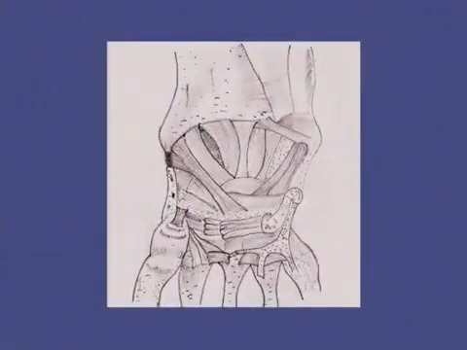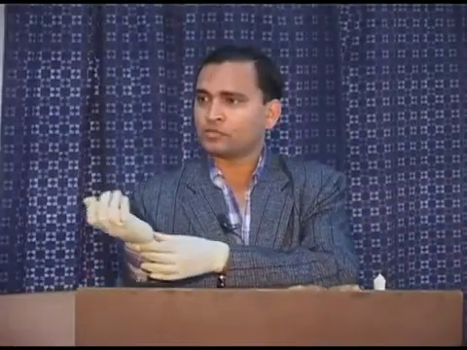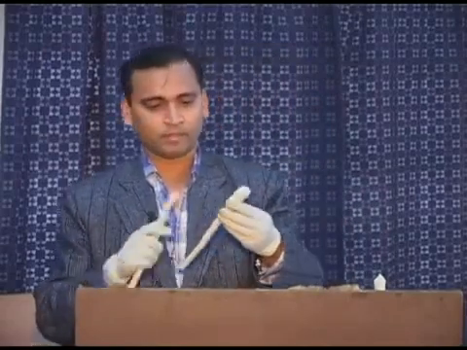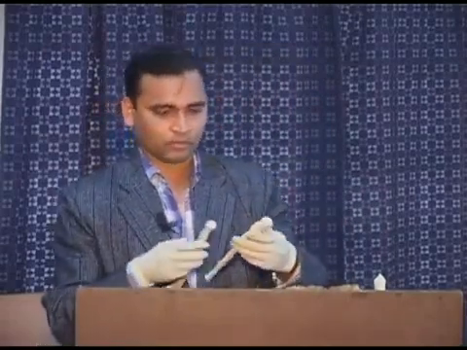Next is the condyloid joint. The portion of one bone fits into the oval shaped depression of the other bone. Example, the wrist joint. If you can see here, radius and ulna, the ends of radius and ulna are articulated with the carpal bones. Here is a pivot joint between the head of radius and the radial notch of ulna. This is radius and this is ulna. It articulates here.